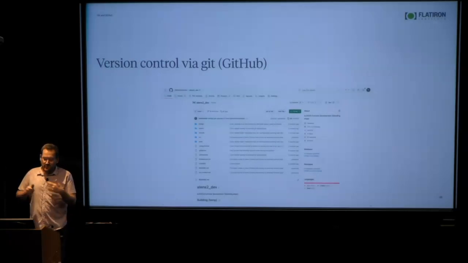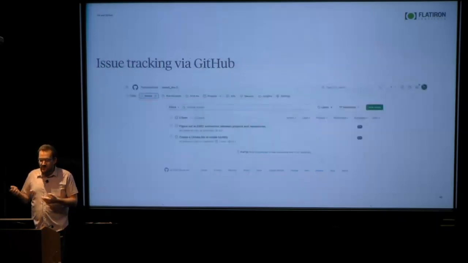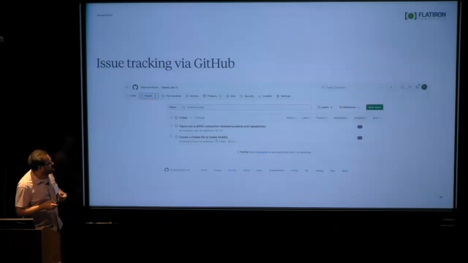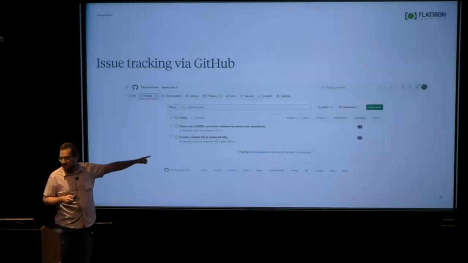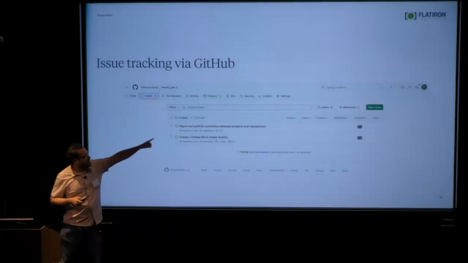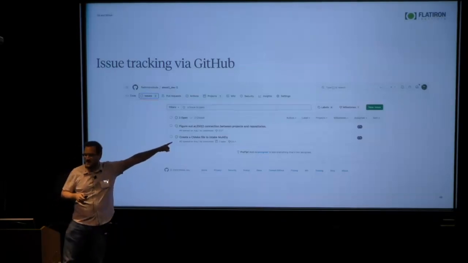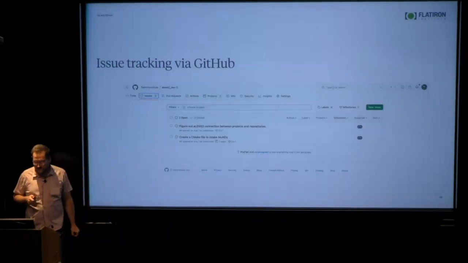This is just sort of a promo for why you should use GitHub. You can use it as a version control system, and you can also use it to do issue tracking. These are just some test issues, like create a CMake file to intake Monday, which we'll learn about in a moment, or figure out ALENS 2 connection between projects and repositories. I especially like that issue.